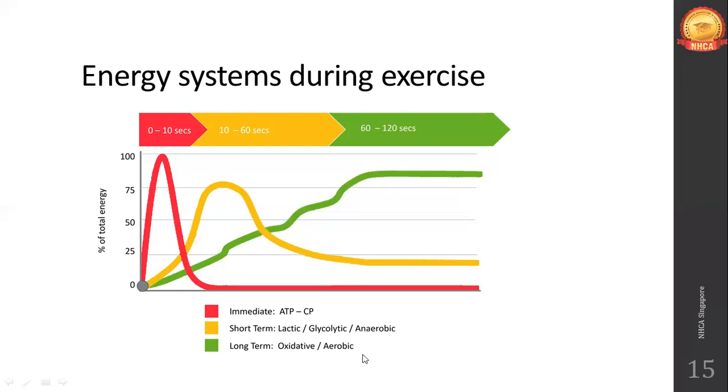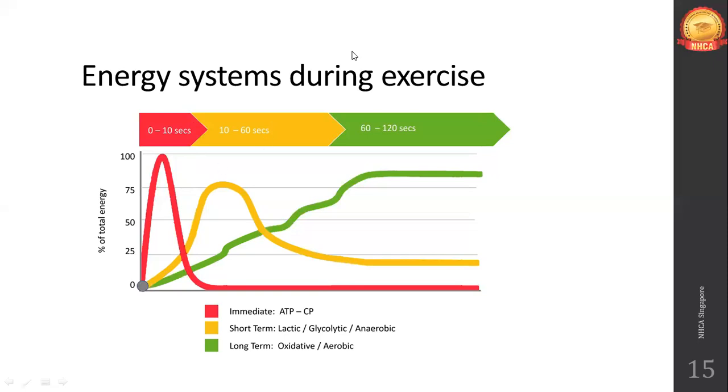The same graph is used on page number 28. You can just refer to that. For example, when you do explosive strength and power activities, like planks, which is one such activity, for a few seconds or for 1 minute, what kind of energy do you utilize?